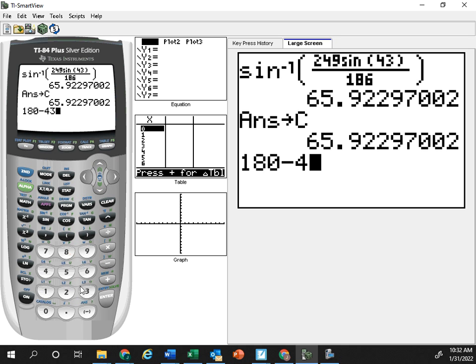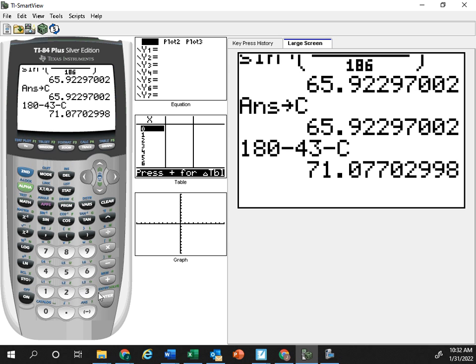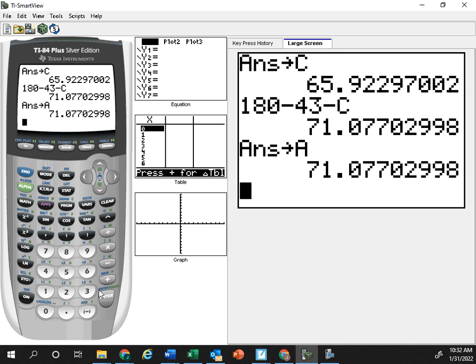We're getting 71.077. Okay. What do I have to do with that? Store it as A. I think that's what it was. Store alpha A, enter.